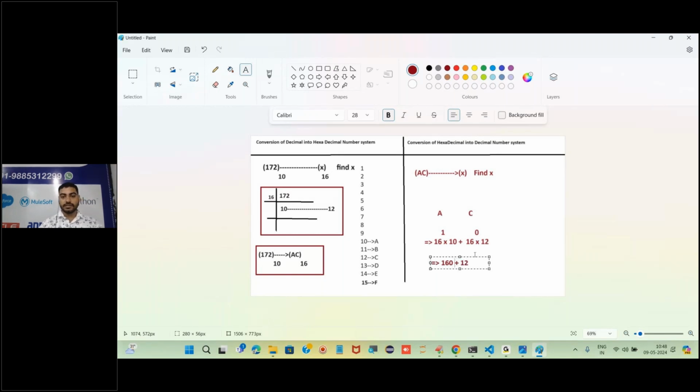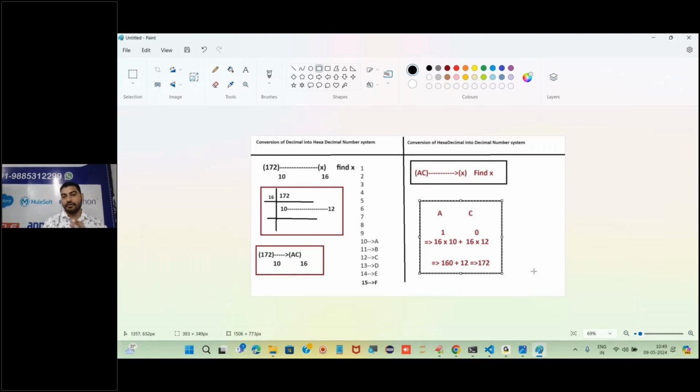So 160 plus 12, what is it? 172. Same answer is coming. So this is how we can convert hexadecimal into decimal. Are you getting it? Yes or no, everyone?